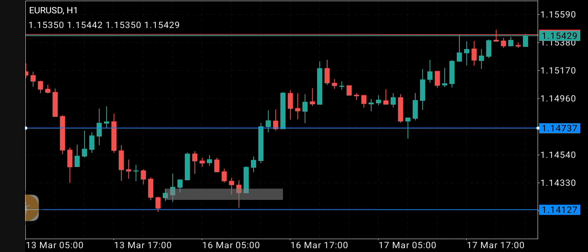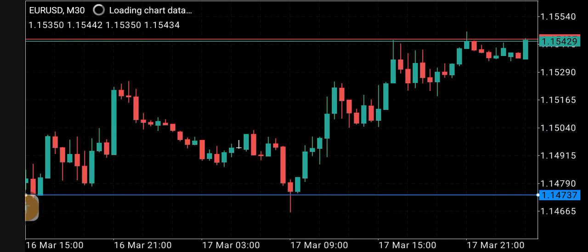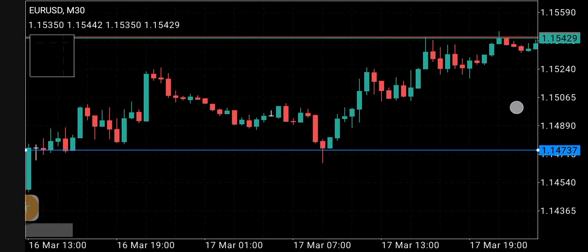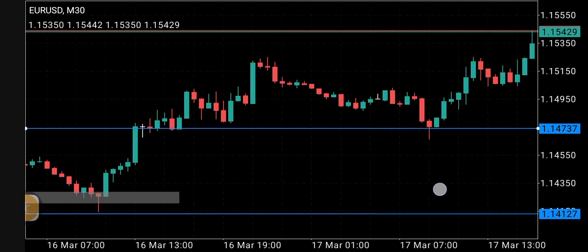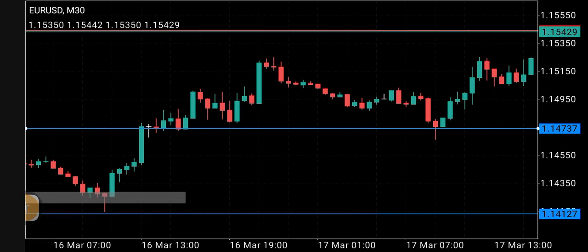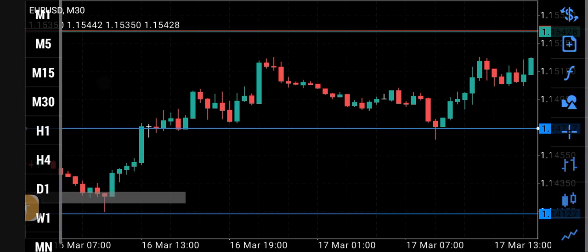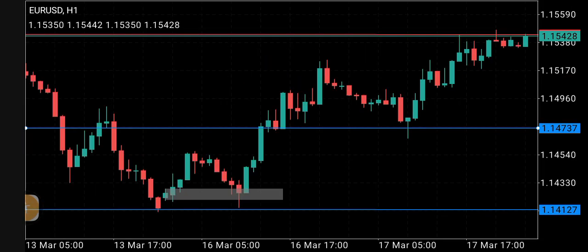So in this situation, I normally go to my M30. So going to my M30 now here. I didn't see any liquidity grab here. So rather I used H1 for my entry. Look at the H1.